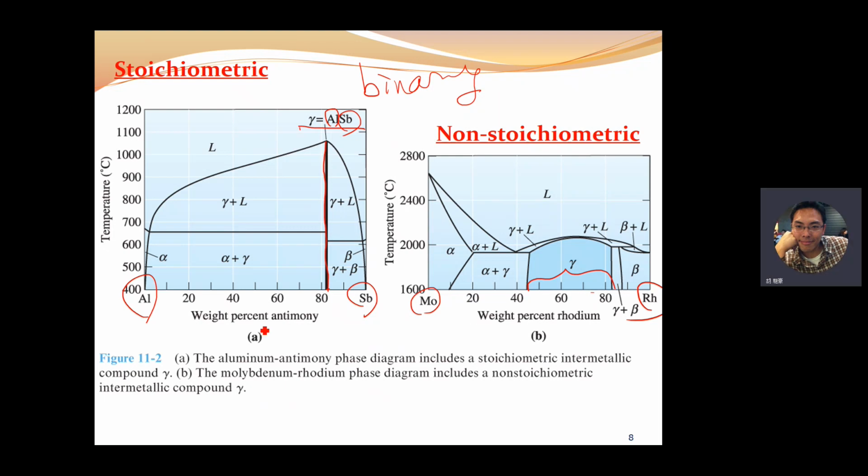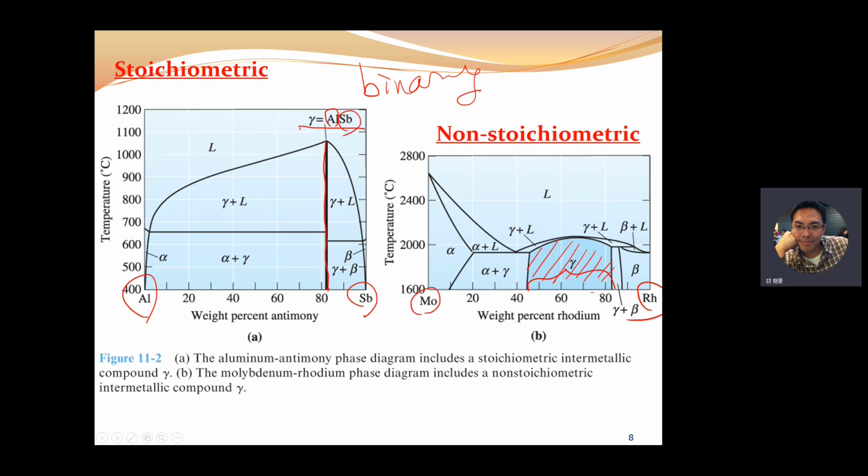Okay, it's a range, from about 40 to maybe 82% of rhodium, in this region. Okay, so which intermetallic compound has the higher mechanical strength?